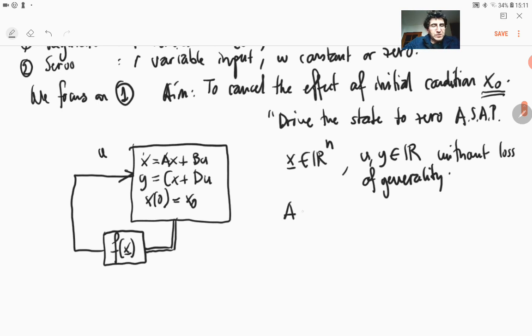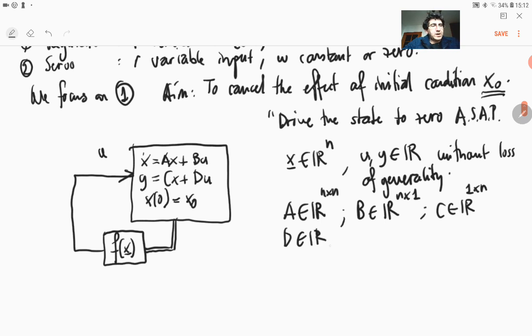And we have the matrices: A being an n by n matrix because of our dimensions, B being an element of R^(n by 1), meaning an n by 1 vector, C being part of R^(1 by n), and D will be an element of R. We will see whether we will assume that to be 0 or not.